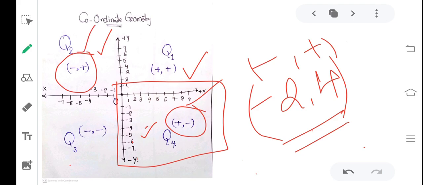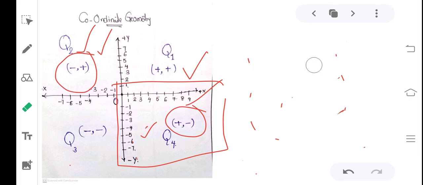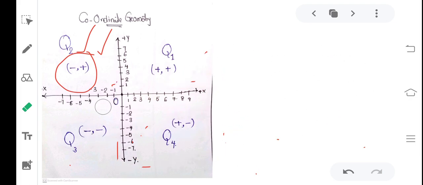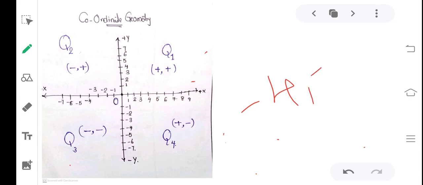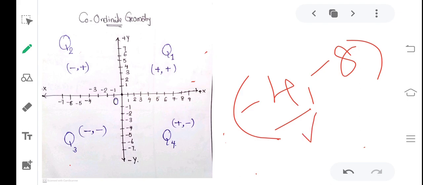This is the way you should analyze where the point is in the particular plane. Okay, let me take another example. If we take minus 4 comma minus 8, already explained, the first value should be the x value and the second value should be the y value.